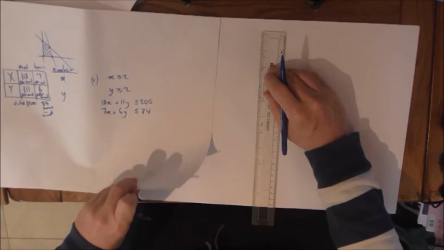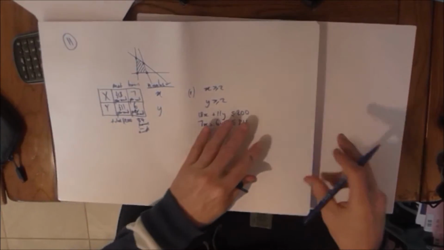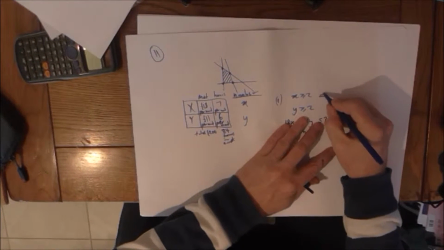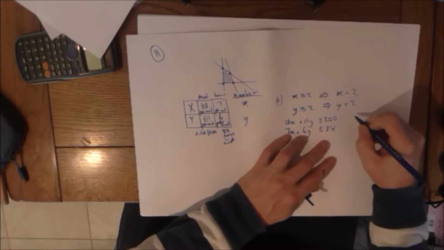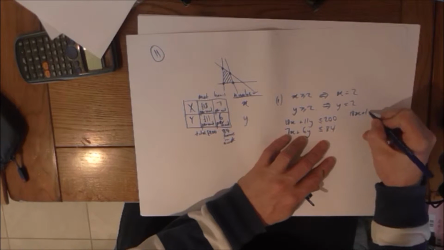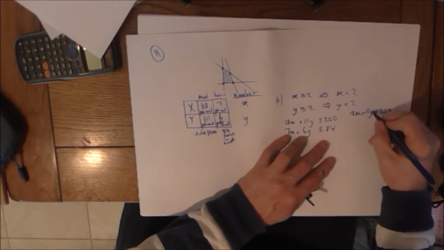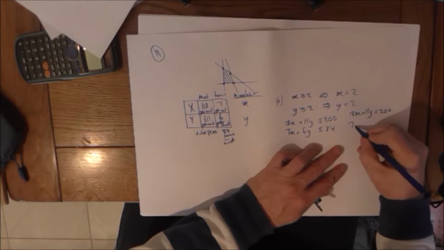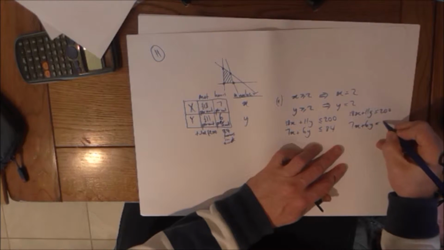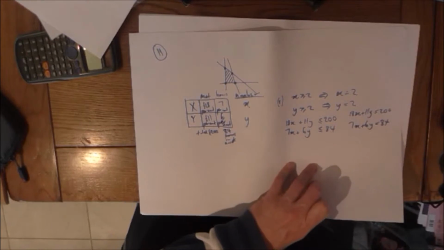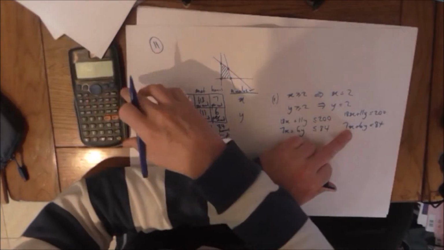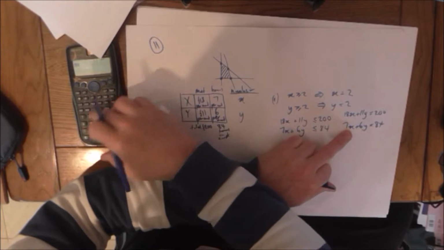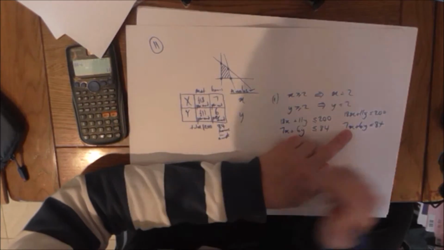So to graph these, the way you get your region going first is just to graph these as if they had equal signs on them. So I'm going to graph that, it's a vertical line. I'm going to graph that, it's a horizontal line. I'm going to graph this using a quick table. Quick table for that: if x equals 0, 84 divided by 6 is 14.